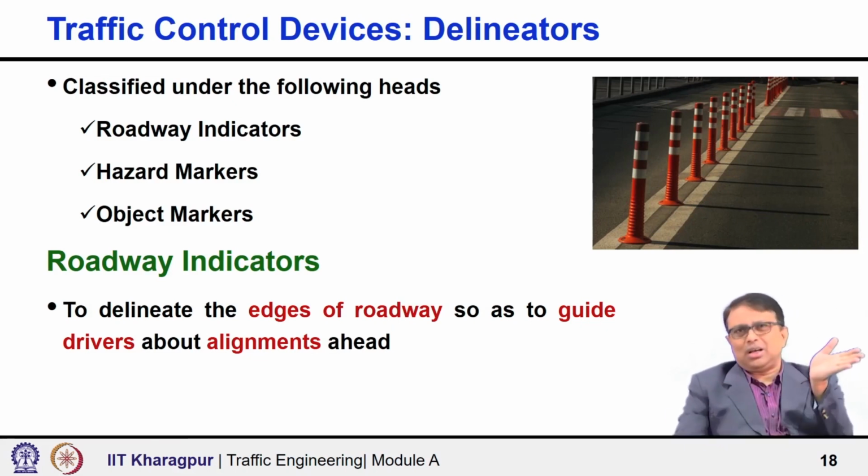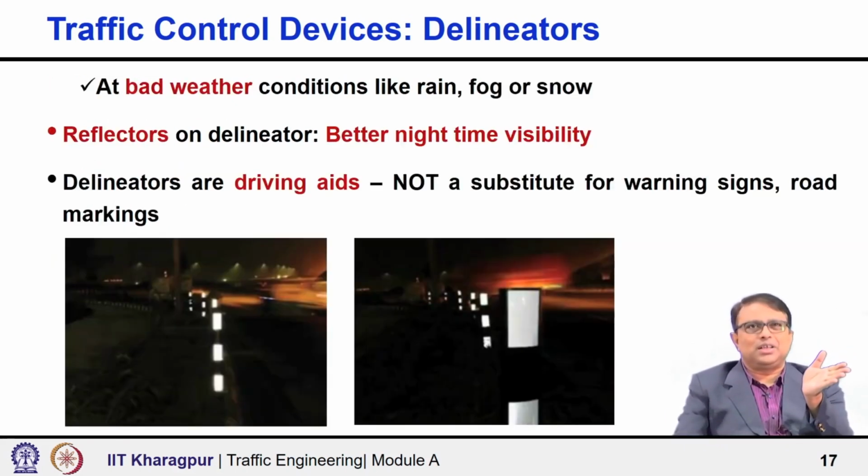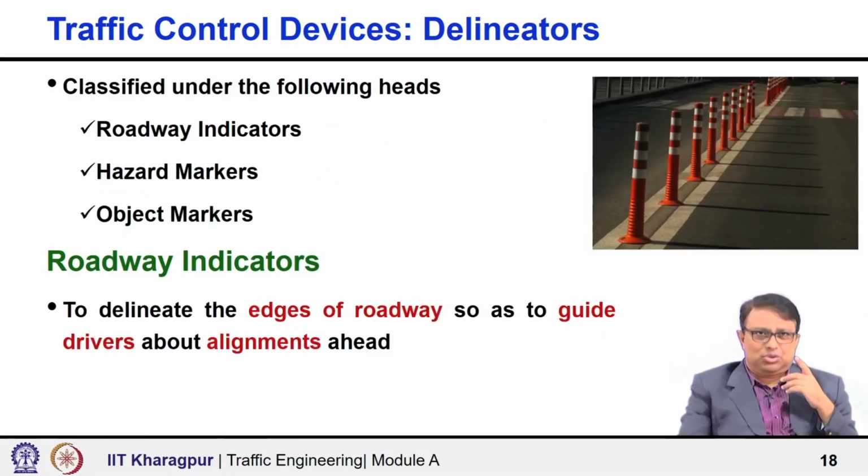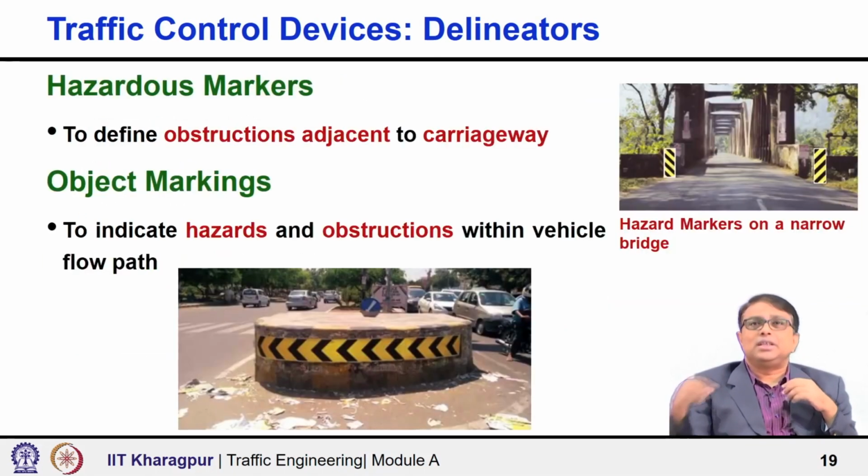So you know how the path is changing, and particularly in bad weather, as I said, that is very important. Then the next part is the hazard marker. What are these? They define an obstruction adjacent to the roadway or carriageway. Maybe there is a tree very close to the carriageway and you could not remove the tree for some reason.